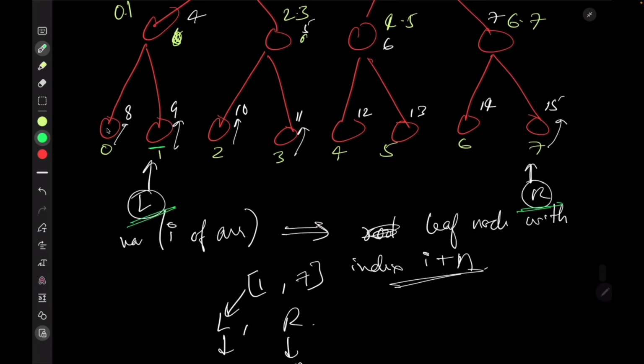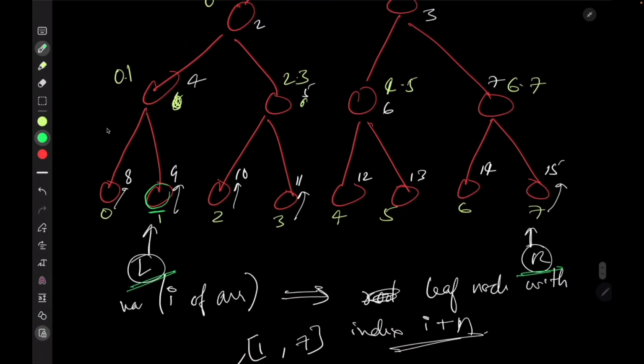Suppose L is pointing to the right child of the current node, we need to take this value and move L here. Similarly for R, if R was pointing to a left child, we would take the value of this node and move it here. But if R is pointing at the right child, we will move to its own parent.